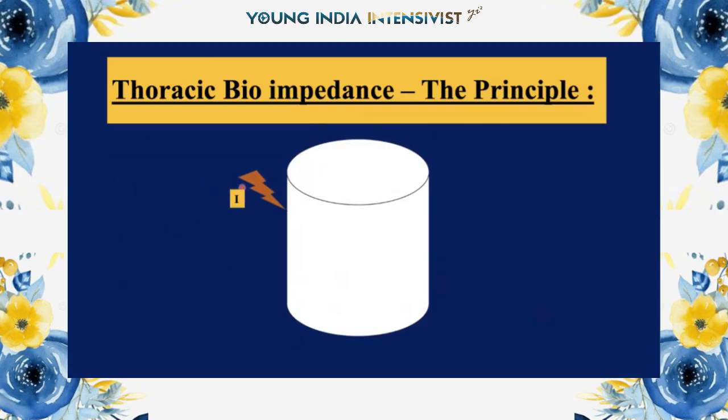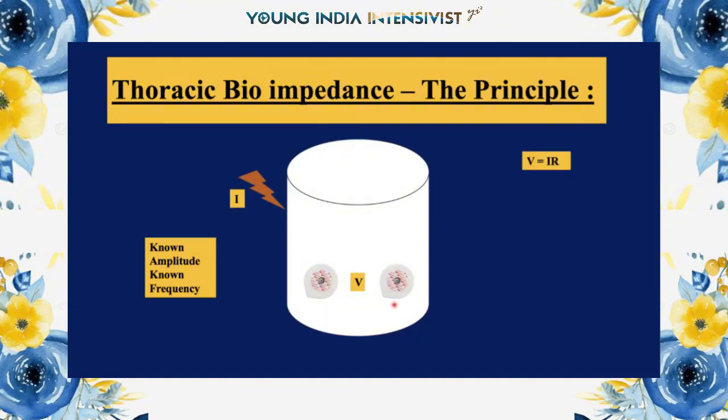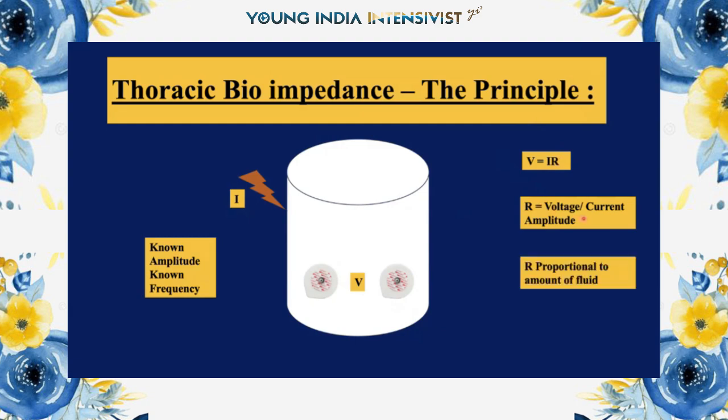You know the quantity of this electric current, which is I, with known amplitude and known frequency, and you know the voltage you are measuring here, which is V. By Ohm's law, V is equal to I times R. So if you want to know the resistance, R is equal to voltage divided by current amplitude. This resistance is proportional to the amount of fluid.